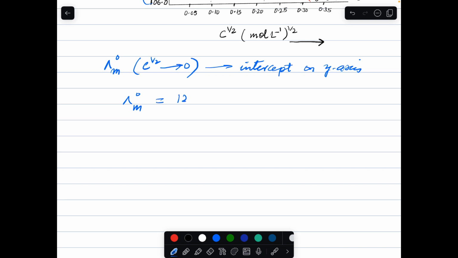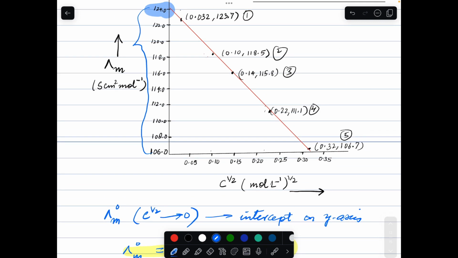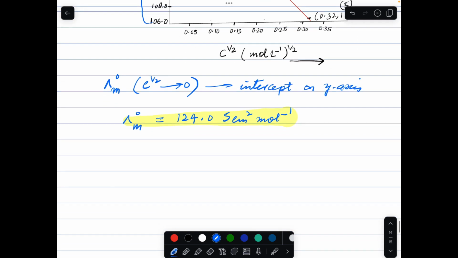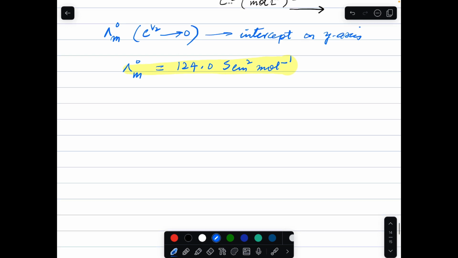This value is 124, with the unit we have written here, Siemens centimeter square per mole. This is our answer. The y-intercept is equal to the limiting value of molar conductivity.